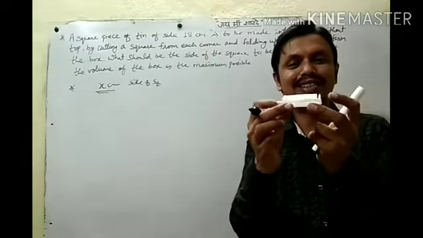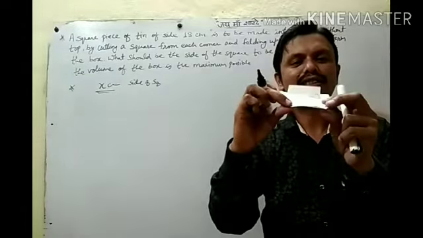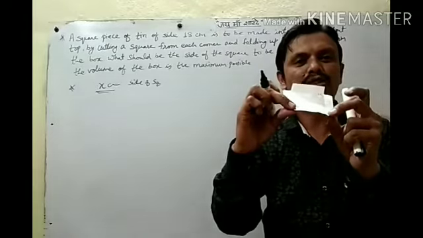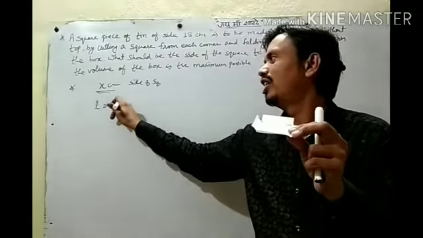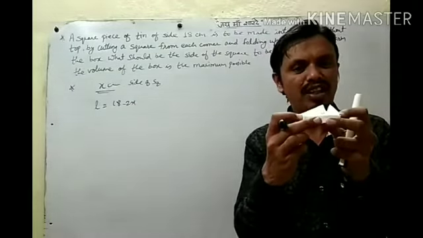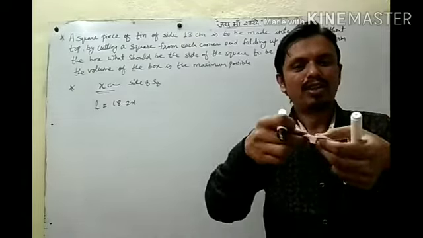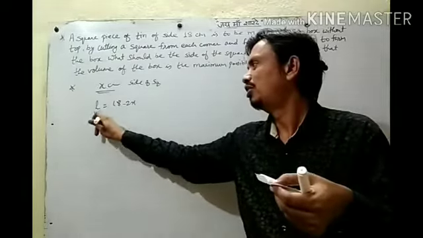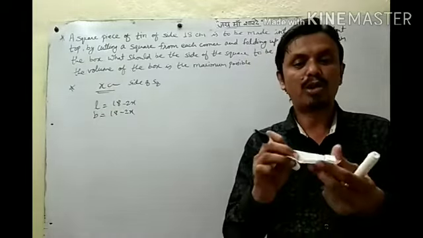This total length is 18, then x and the x we removed from this, so 18 minus 2x will be the length of the box. Then what is the breadth? It is also 18 because it is a square, so breadth also will be 18 minus 2x.